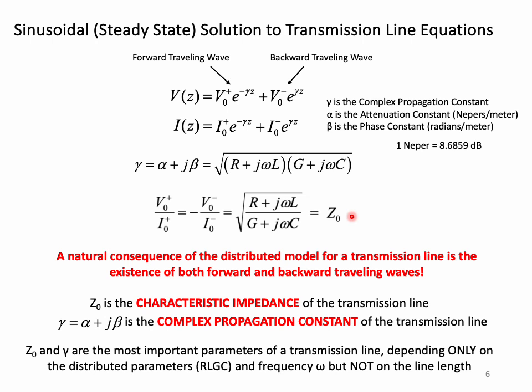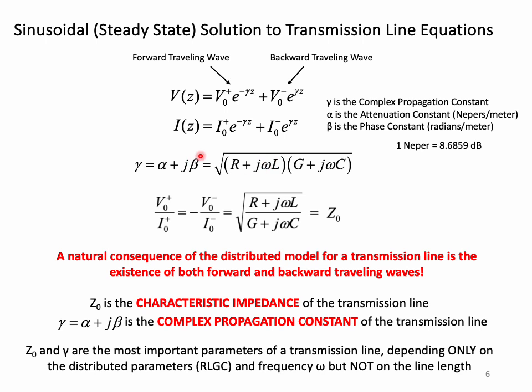And we'll see why this is called the characteristic impedance in a few slides from here. So again, Z0 is known as the characteristic impedance of the transmission line. It's a function of those four parameters, R, L, G, C. And gamma, which is a sum of an attenuation constant and a phase constant, is called the complex propagation constant of the transmission line.